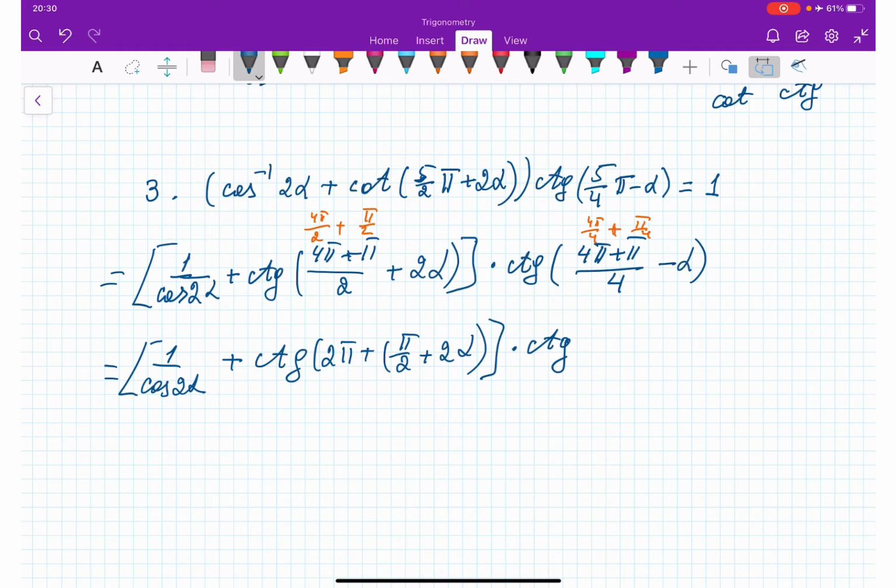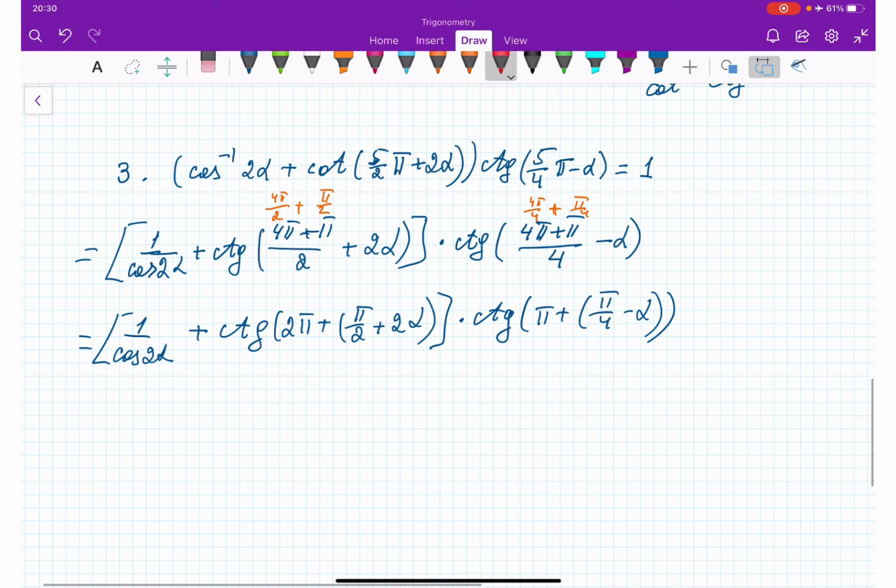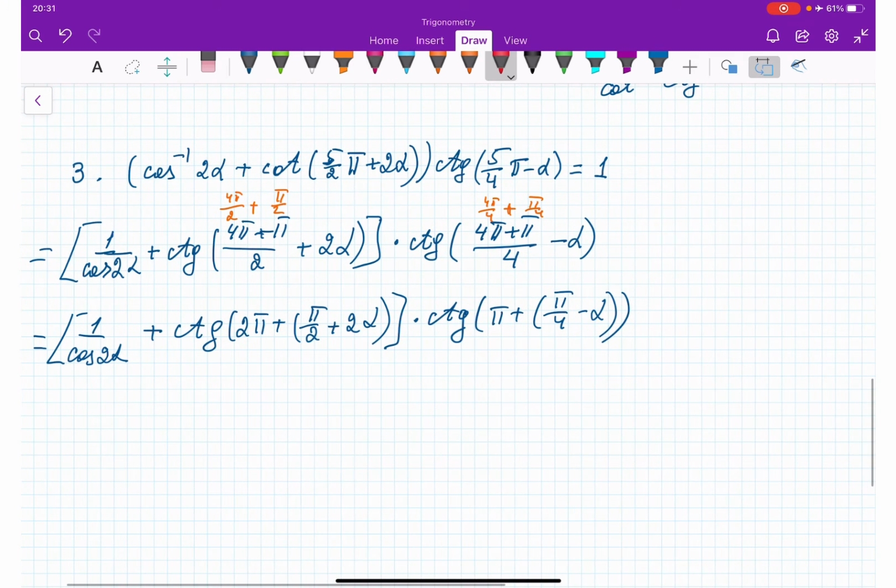And as a result, we get pi plus pi over 4 minus alpha. Okay. Next. Look here, I have cotangent everywhere, and all of a sudden I have cosine alpha here. Therefore, because there is a formula that converts cosine alpha to tangent, I'm going to use that formula.